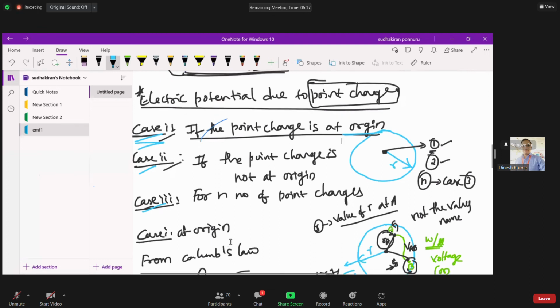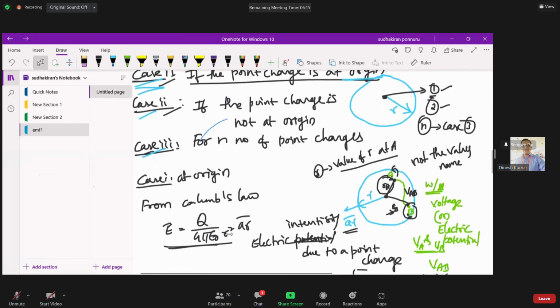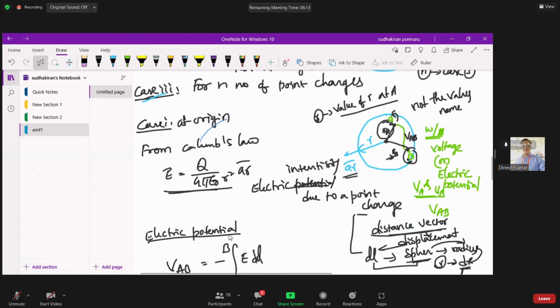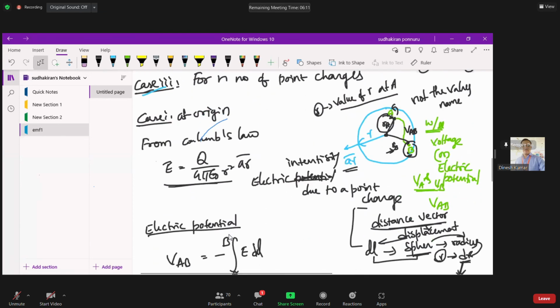For that, first of all, we wrote the expression for electric field intensity due to a point charge from Coulomb's law, that is E is equal to Q by 4 pi epsilon naught R square into E R bar.